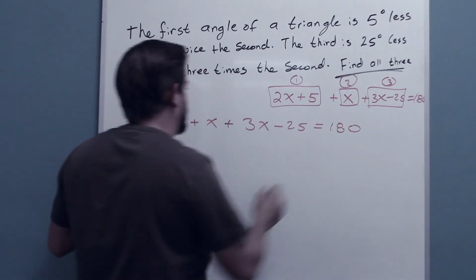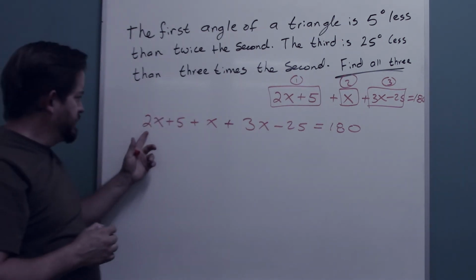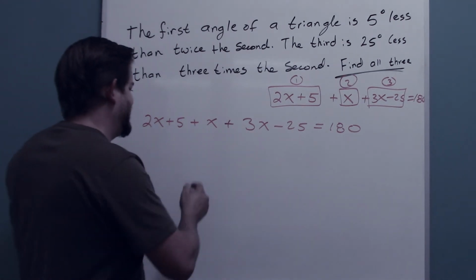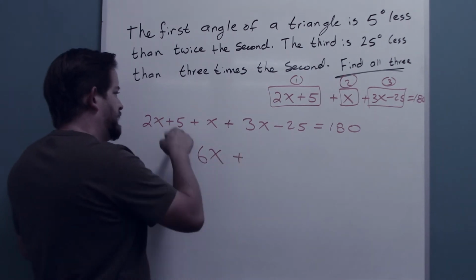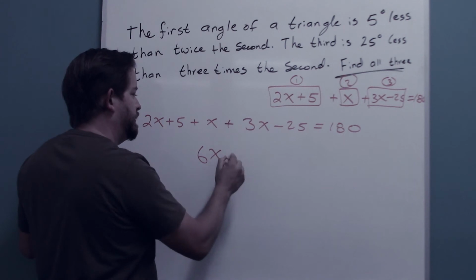So I just cleaned up a little bit, same equation. But I can combine like terms here. I can take 2x plus another x is 3x plus 3 more x is 6x. I have 5, and then minus 25 ends up being minus 20.